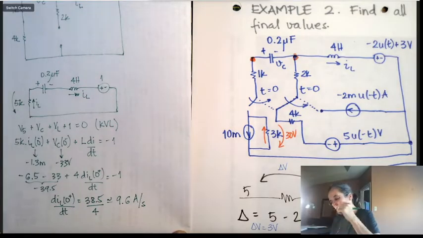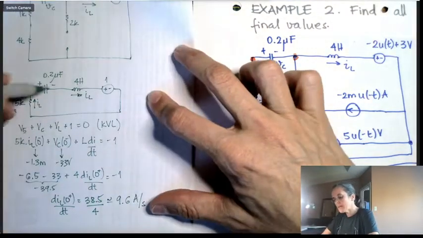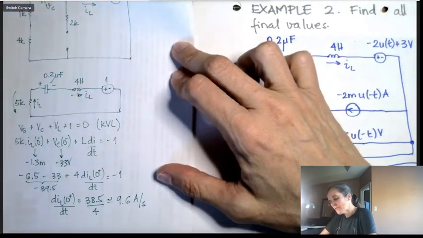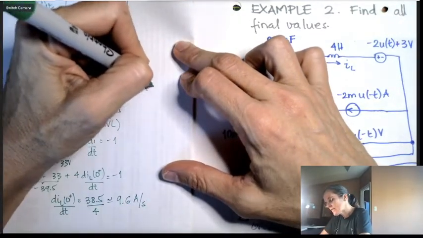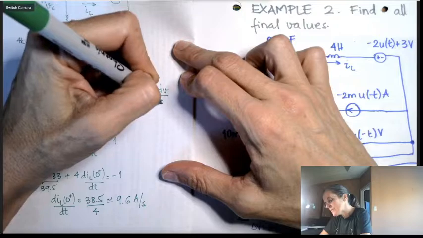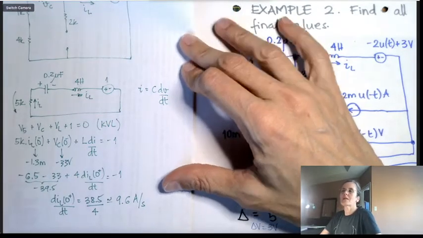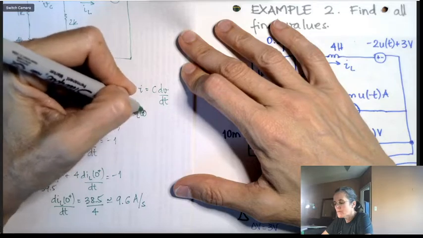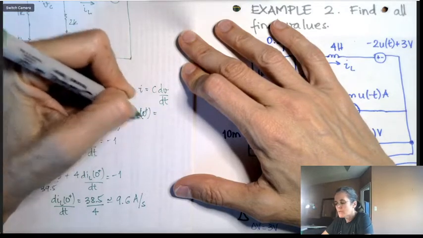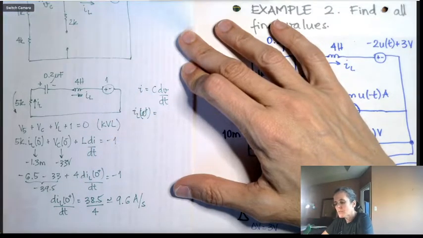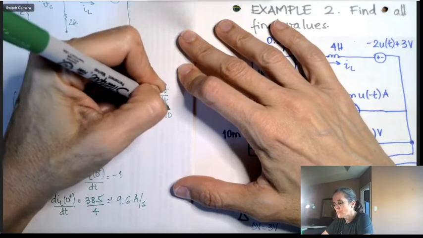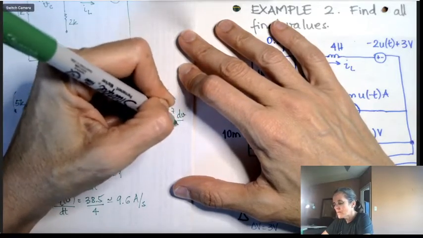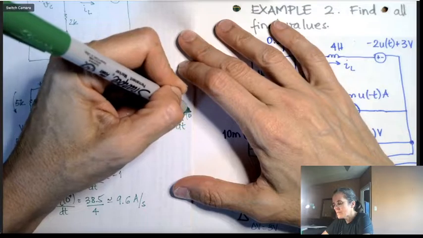And then to find the C dV/dt in a series circuit is much easier because I is C dV/dt. And so at 0, I can call this IL of 0 plus equals C, which is 0.2, so 2 times 10 to the minus 7 dV/dt at 0.